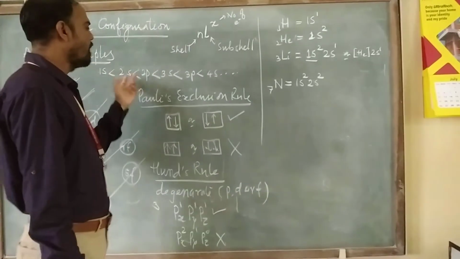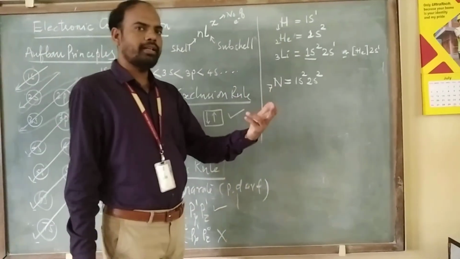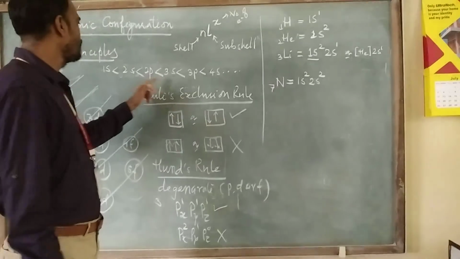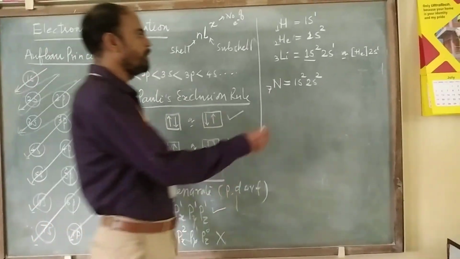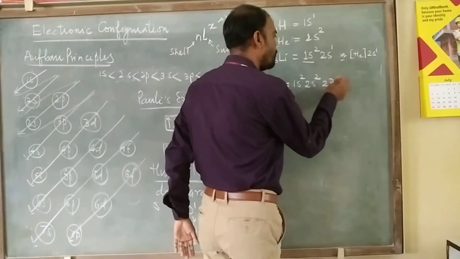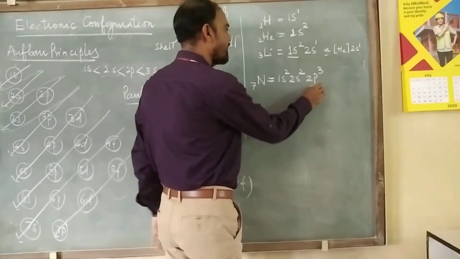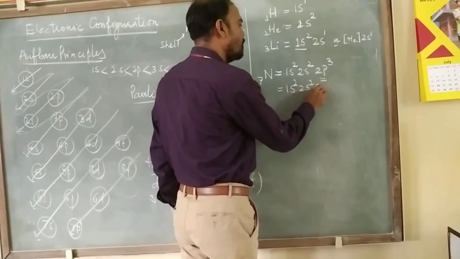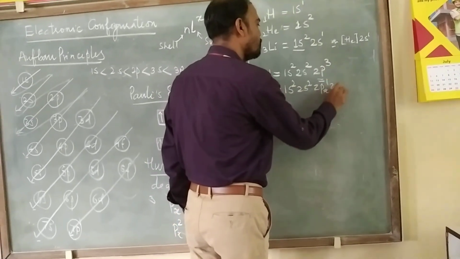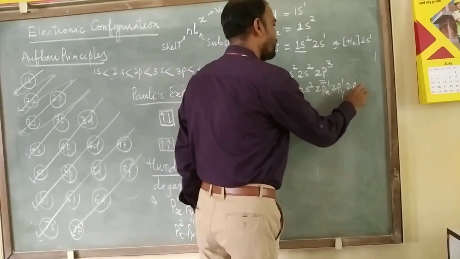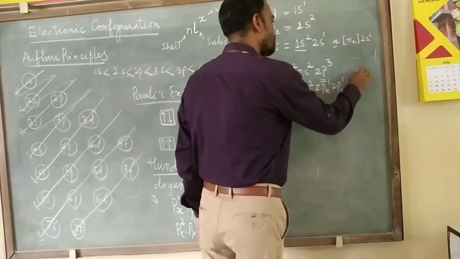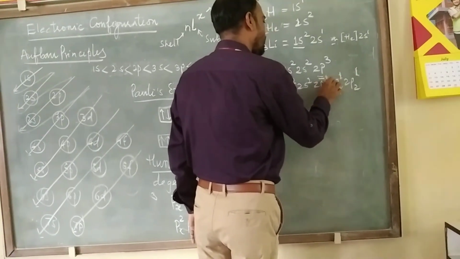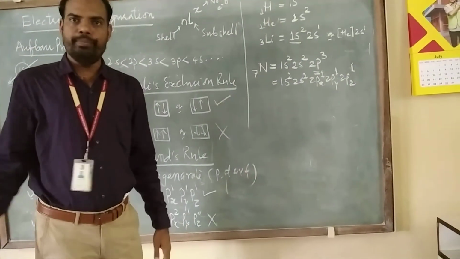Now the next 3 electrons are left, and they will go into the 2p atomic orbital. So actually 2p3, but this can be written as 1s2, 2s2, 2px1, 2py1 and 2pz1. This is the correct way of writing the electronic configuration.